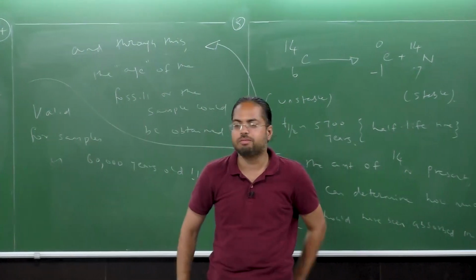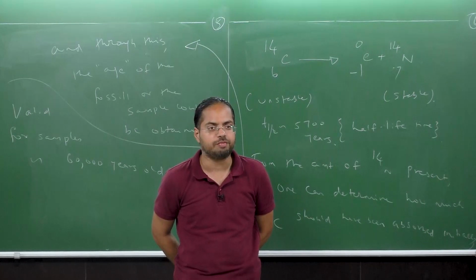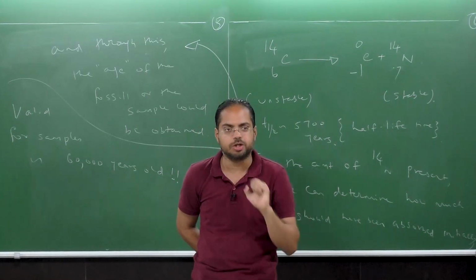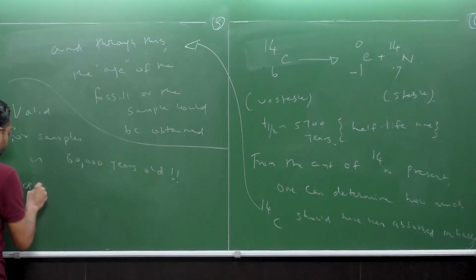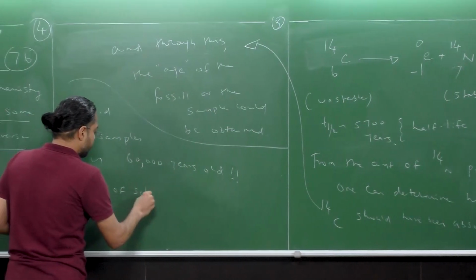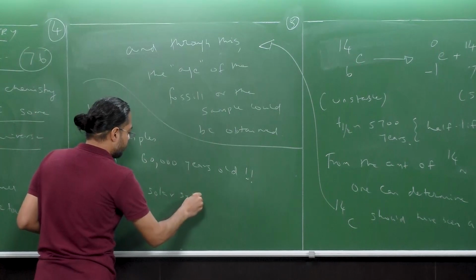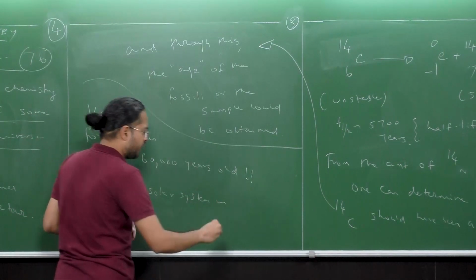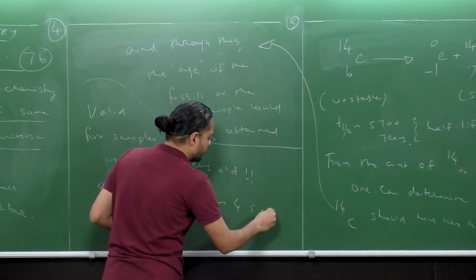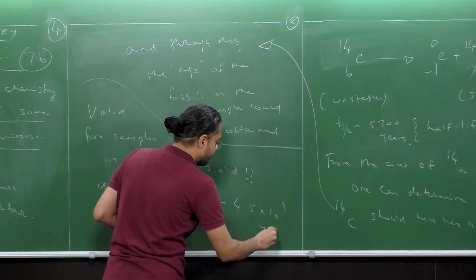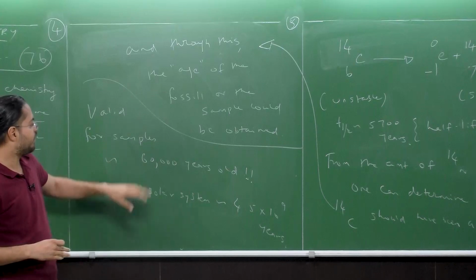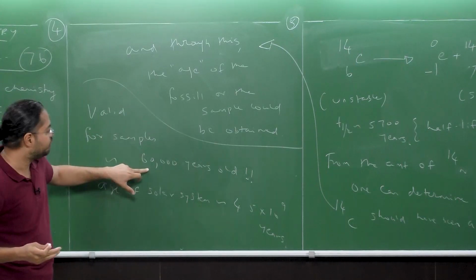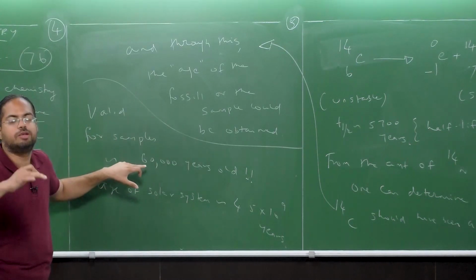What is the age of the solar system? Any idea? Roughly? Well, this is just a general knowledge question. The age of the solar system is roughly around 4.5 times 10 to the power 9 years. But we're talking about samples which could be analyzed, which are only 60,000 years old.